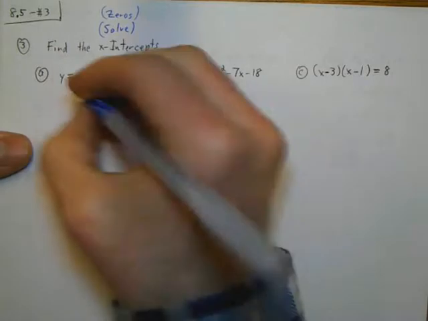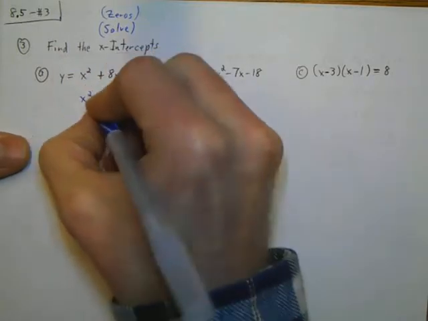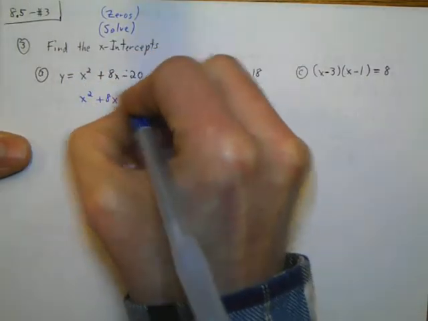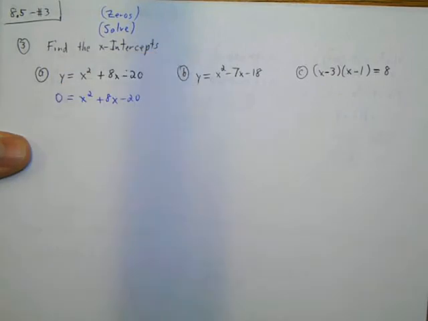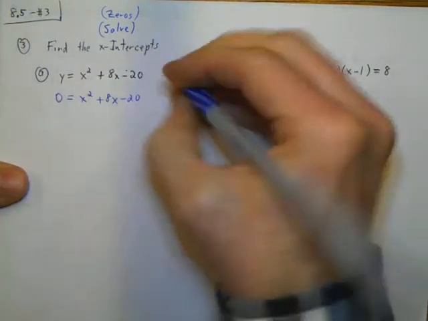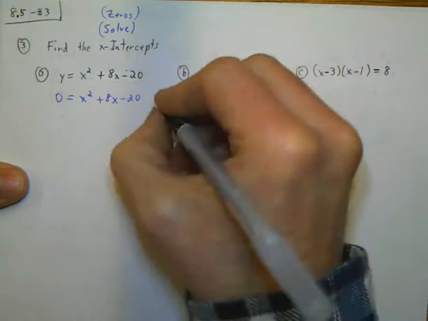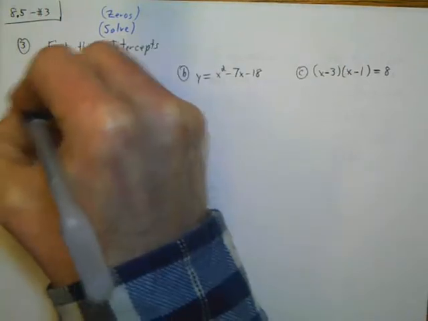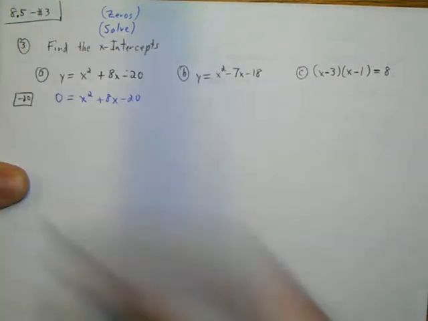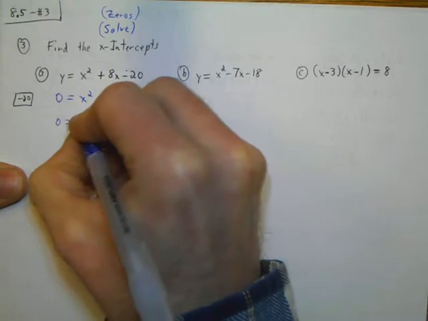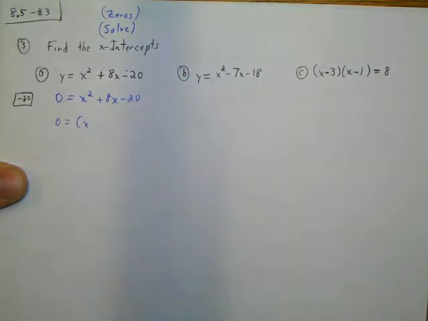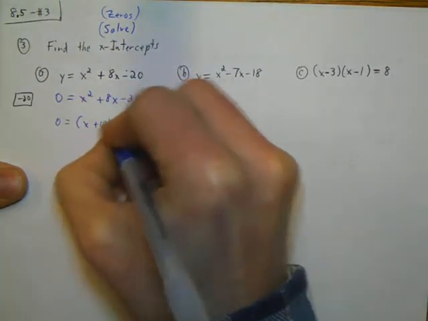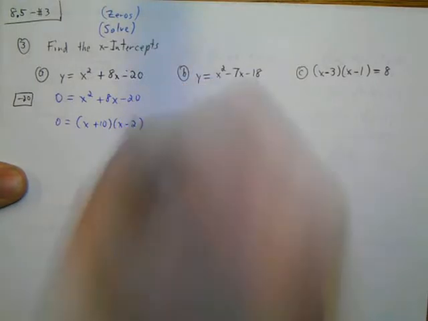So the first thing we're going to do is make this x squared plus 8x minus 20 equals 0. We have to play the game of what multiplies to be negative 20 and adds to be positive 8. If we do that, then we will see that x plus 10, x minus 2 works.